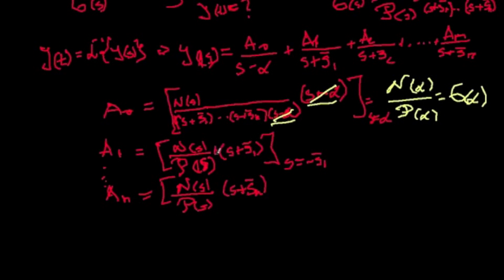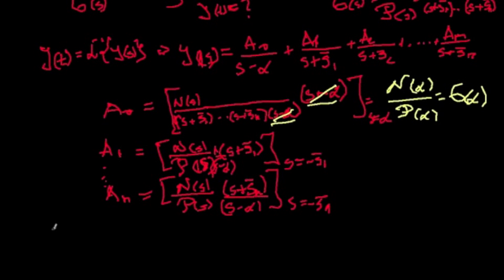We have to add here 1 over s minus alpha. We should not forget that expression, 1 over s minus alpha, as well, because this entire expression always has to be written. So this is evaluated at s equal minus sn.